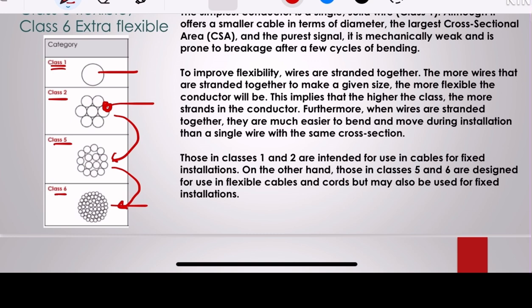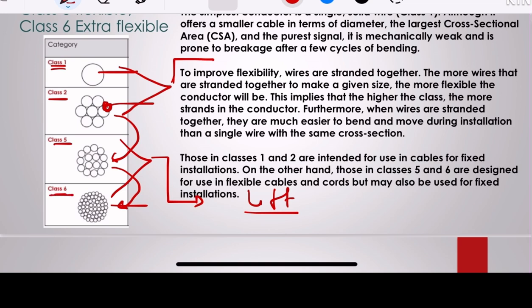So what we understood so far is that class 1 and class 2 conductors we generally use for fixed installation, and class 5 and class 6 we use where cable movement is required, like in a lift. With the lift movement, the cable will move, so in that case we have to go for a class 6 conductor.